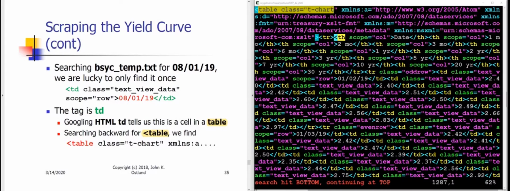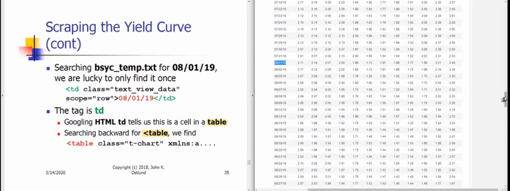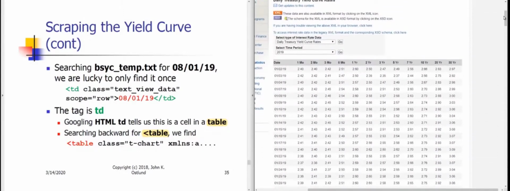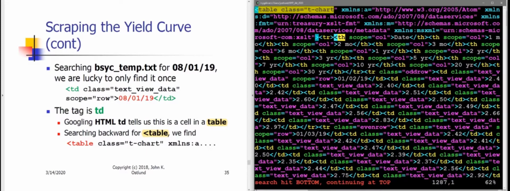And if I flip back to my table, here we go. Okay, so we've got date, 1 mo, 2 mo, 3 mo, and so forth. That must be the line representing the header information. And just prior to that header information, I see TR. A little more Googling tells me, oh, this is a table row.